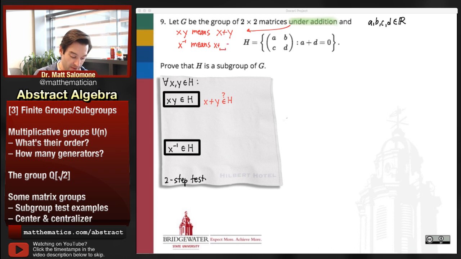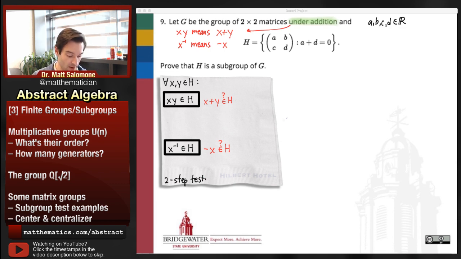X plus what is equal to the zero matrix, 0, 0, 0, 0. And we would conclude here that the missing link, the blank there, is filled in not by the inverse of the matrix with respect to matrix multiplication, but the inverse with respect to matrix addition, which would just be the opposite, just minus x. So does minus x belong to H? Would be what we would have to answer here.